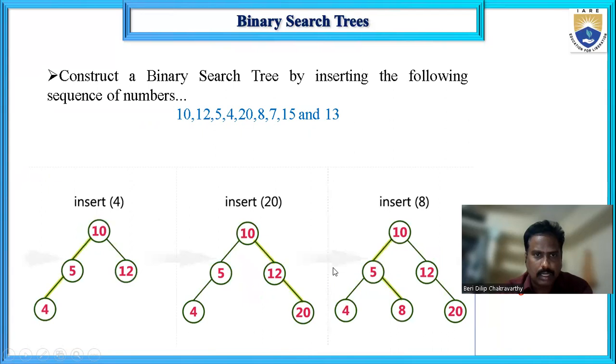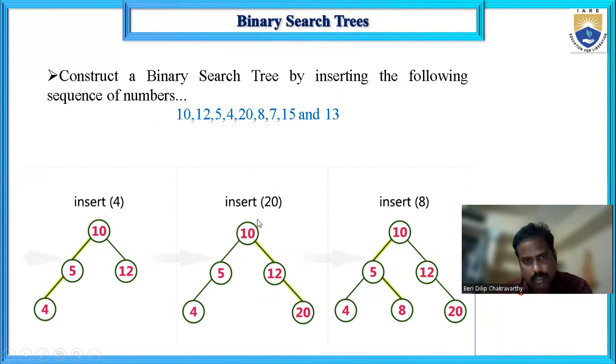Then for inserting 4, I first check with my root node 10. As 4 is less than 10, I move to the left. Already 5 is there, so I check with 5 again. As 4 is less than 5, I place it as the left child of 5.